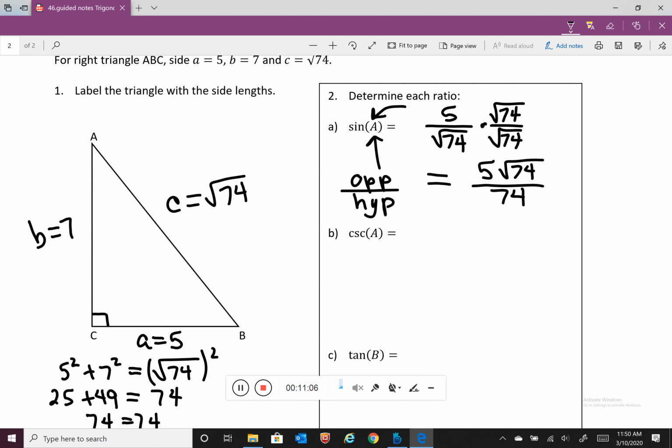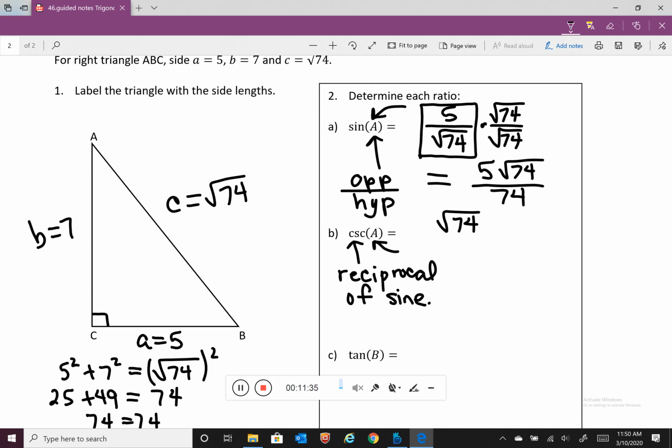Now cosecant is the reciprocal of sine by definition. So if sine of A is equal to 5 over the square root of 74, then I'm going to reciprocate that to get the cosecant of A. So this is equal to the square root of 74 over 5.